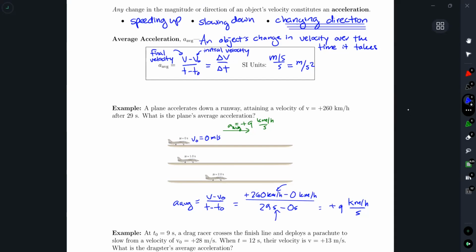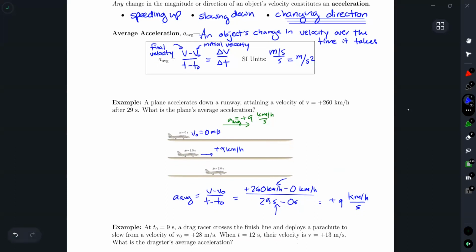If I assume that, I can say that after about 1 second, this plane is going 9 kilometers per hour. It gained 9 kilometers per hour per that 1 second. So how fast is it going after 2 seconds? 18. Yep.